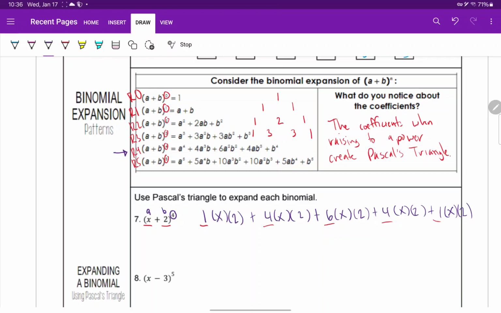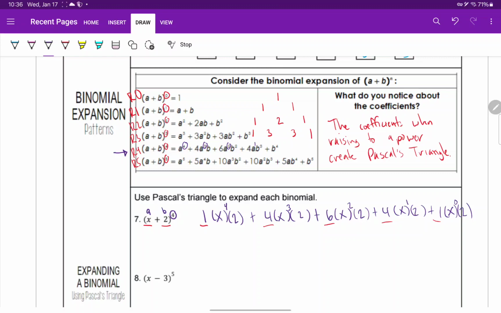Now, if you look at the pattern right above in the row 4 I pointed to, you'll notice the powers for A start at the actual number, 4, and then decrease by 1 as you go to the right: 3, 2, 1, and then there's none, which is 0. So we're going to do x to the 4th, 3rd, 2nd, 1st, and 0.